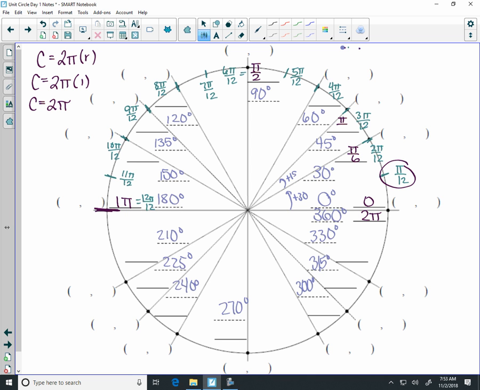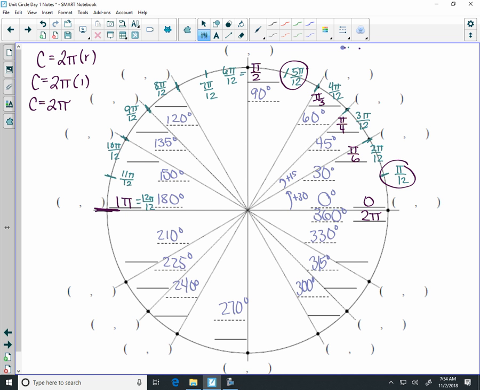That's equal to pi over 4. 4 pi over 12, 4 goes into 12 3 times. This is equal to pi over 3. 5 pi over 12 does not reduce. And 6 pi over 12 is equal to pi over 2. So there's the first quadrant of the unit circle in radians.